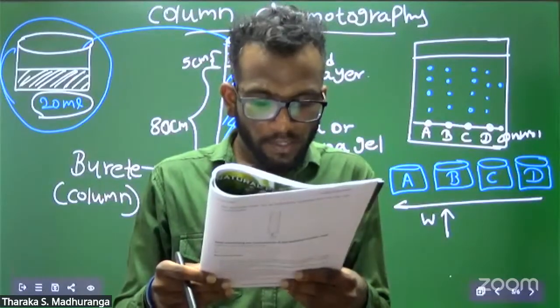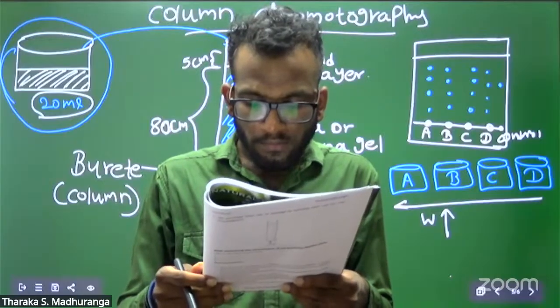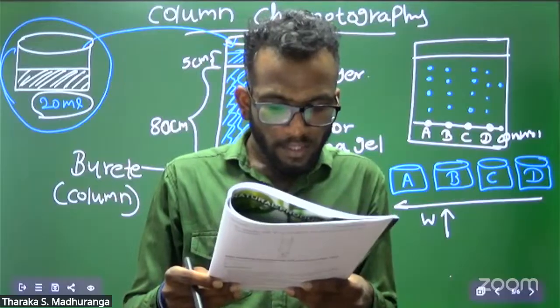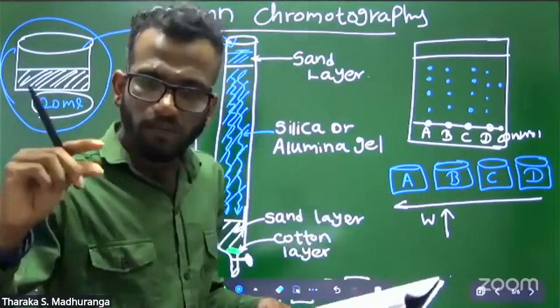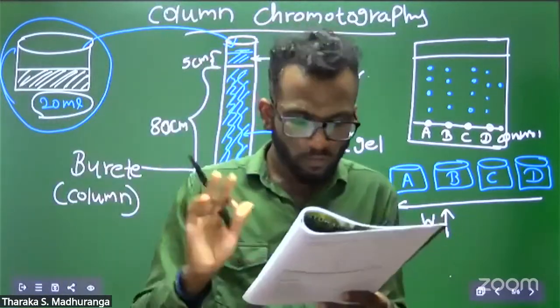Collect the separated sample components 5 centimeter from the bottom end of the burette into labeled tubes. The 5 centimeter height or 5 milliliter containers you can use, no issue.